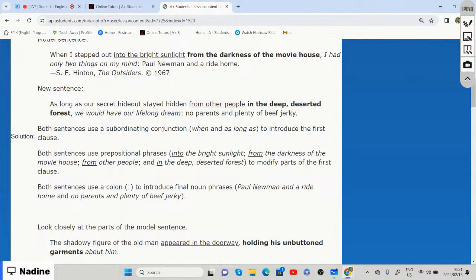It adds emphasis and conveys excitement. So both of the sentences use a colon to introduce the final noun phrase.